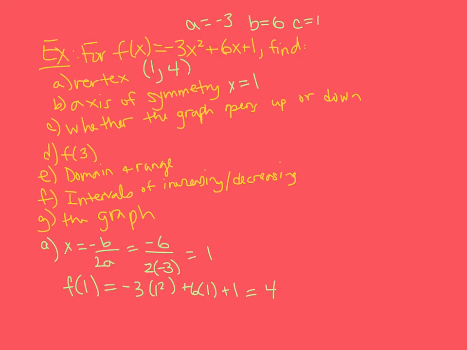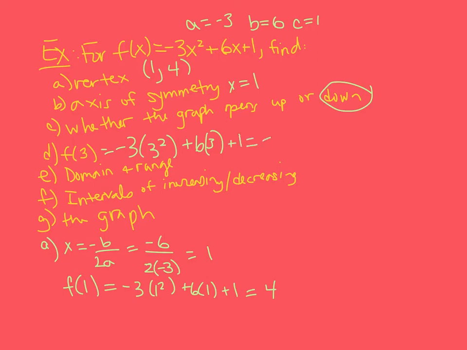Hopefully you remembered that if the coefficient of your x squared is negative, it opens down. And then for part D, I asked you to find f(3). That one's a little bit more complicated, but it's stuff that you did previously when you first did functions. So hopefully, as long as you didn't make any algebra mistakes, it wasn't too bad.